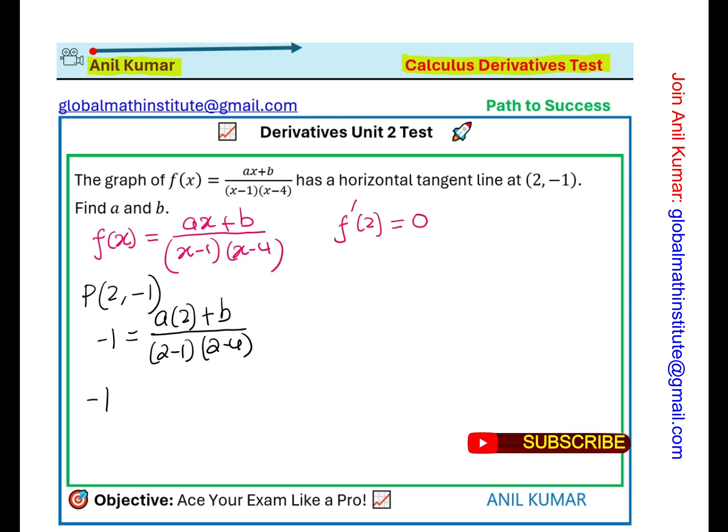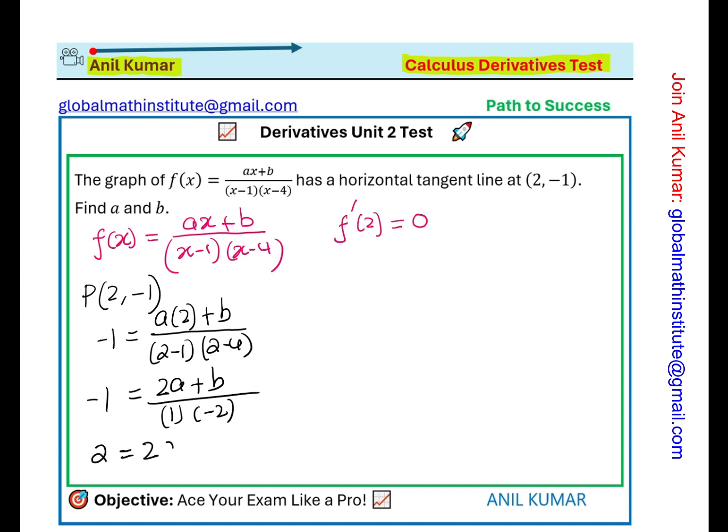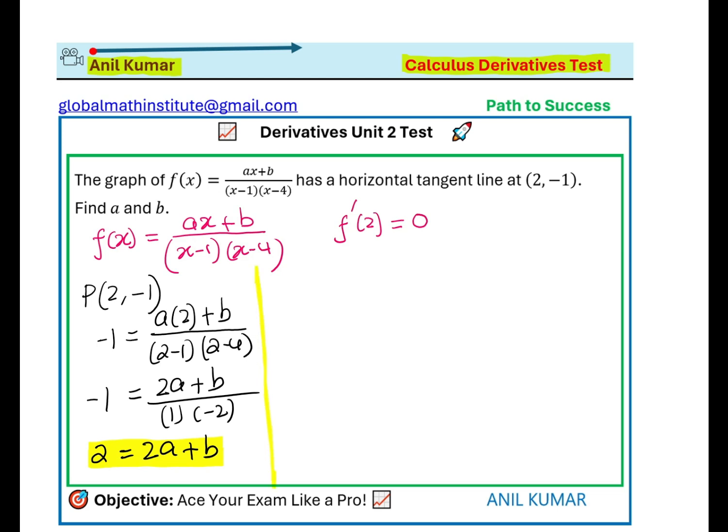So we get minus 1 equals 2a plus b over 1 times minus 2. We can cross multiply: minus 2 times minus 1 becomes plus 2, equals 2a plus b. So we have a relation between a and b, that is, twice a plus b is equal to 2. This is from the point on the curve.